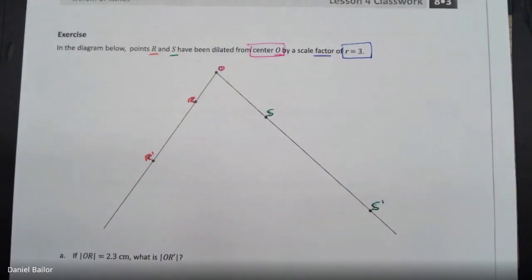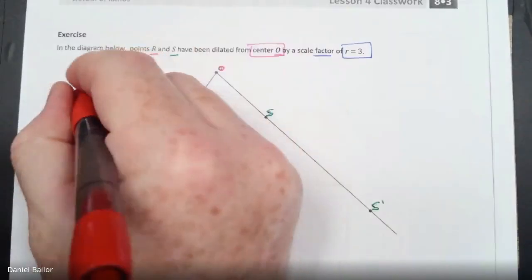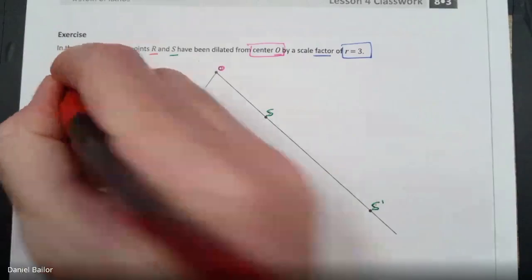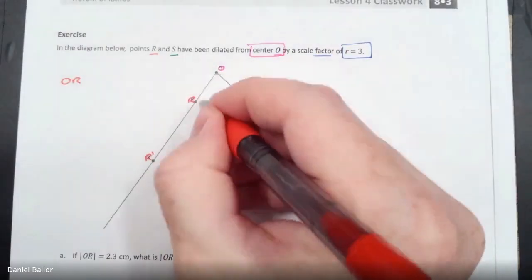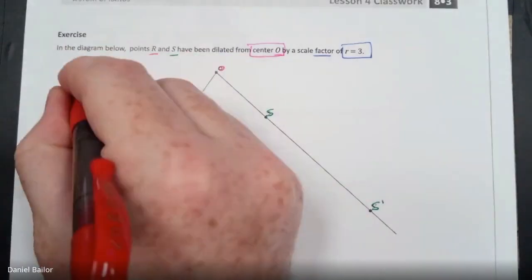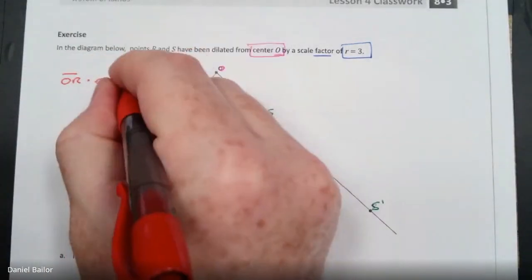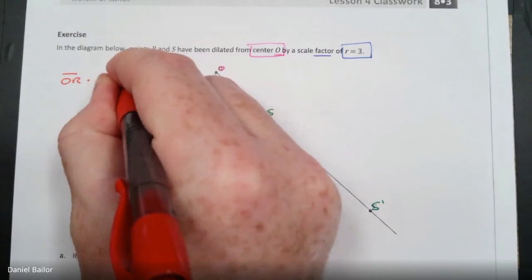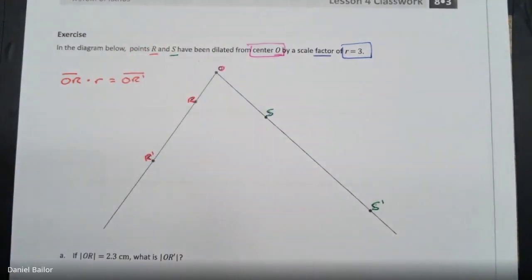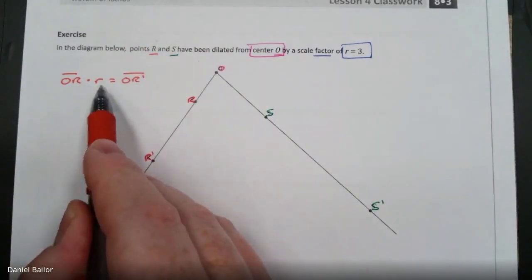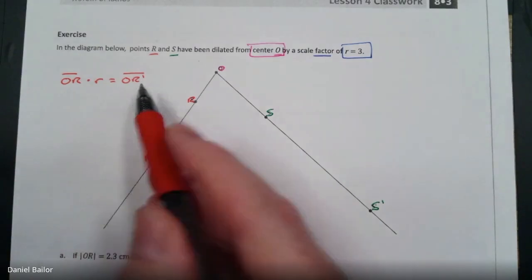Remember, and this is important, so I want you to write this down too, OR, this segment right here, OR times the scale factor equals OR prime.